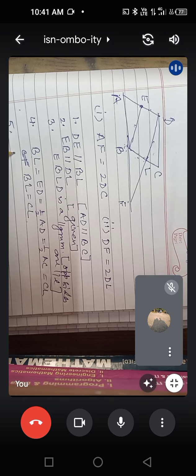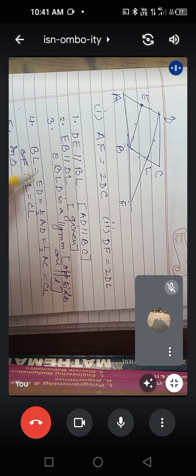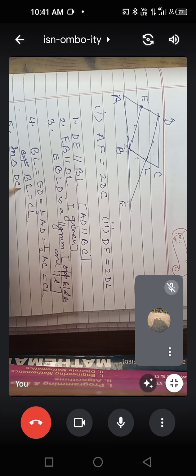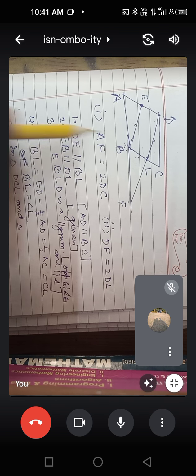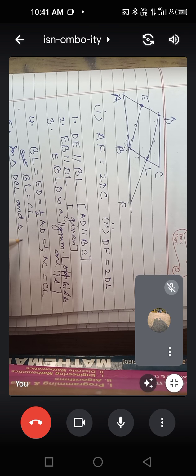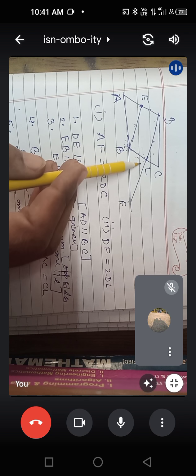Now here you see in triangle DCL and triangle BLF. First point here, these are vertically opposite angles.